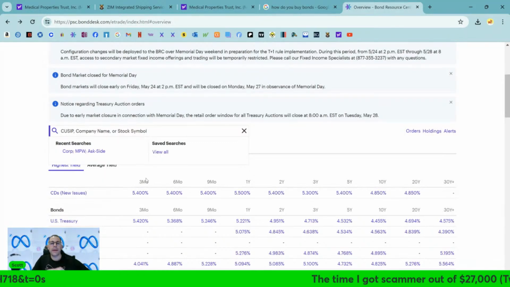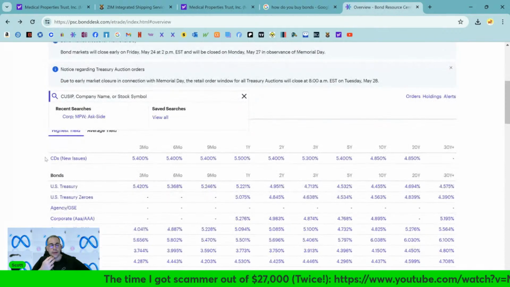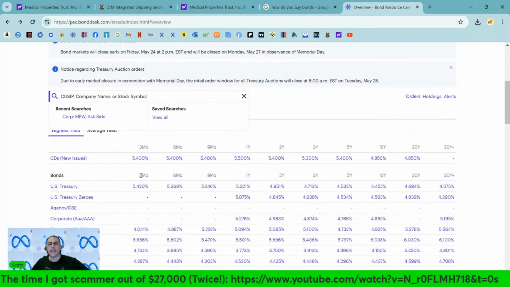I had a bond in my account. It expired last year. So I look at these rates.